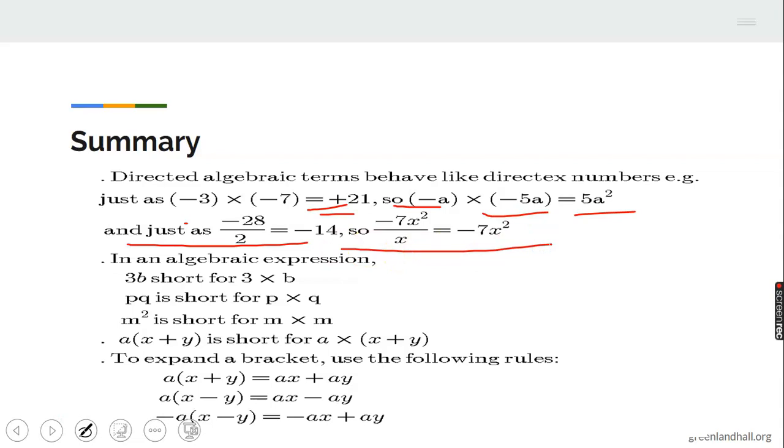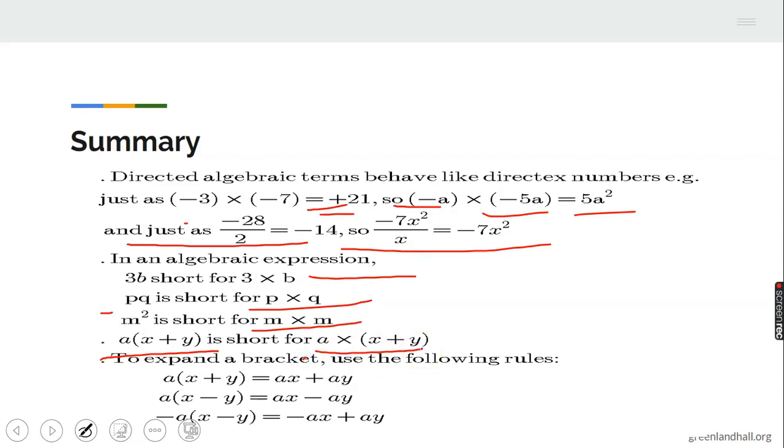Now, in algebraic terms, 3b is short for 3 times b. You know that pq is the same thing as saying p times q. m squared is short for m times m. And a open bracket x plus y is short for a times this.